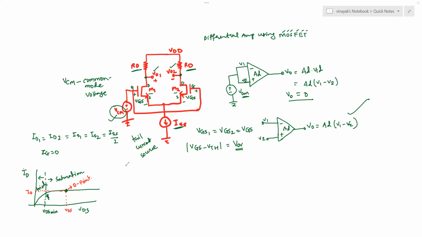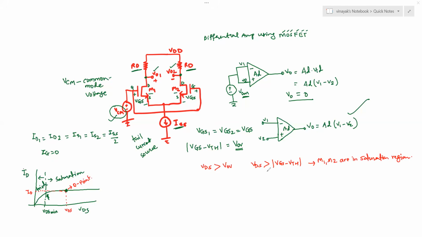So the condition is that your VDS has to be greater than the V overdrive voltage. Okay. So it means when you have VDS greater than VGS minus VTH, then your M1 and M2 are in saturation region.